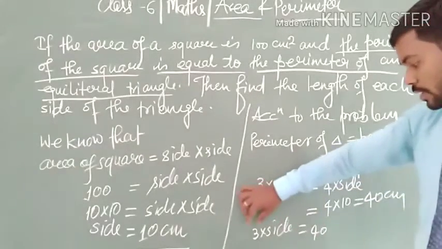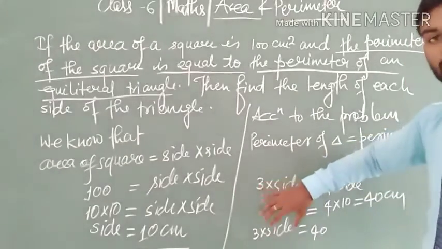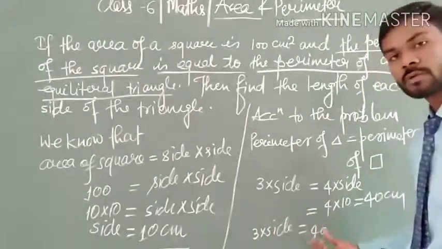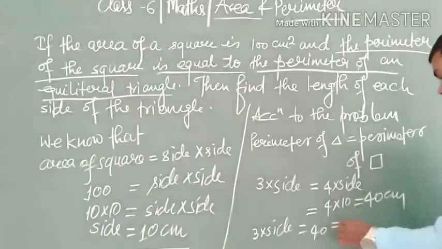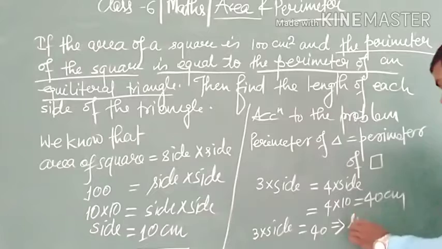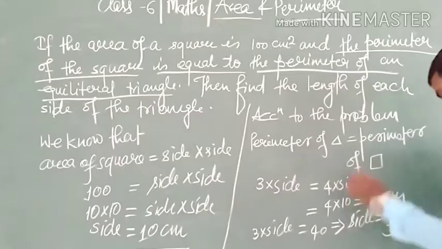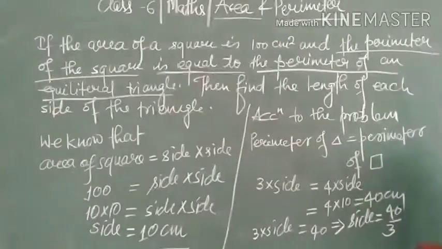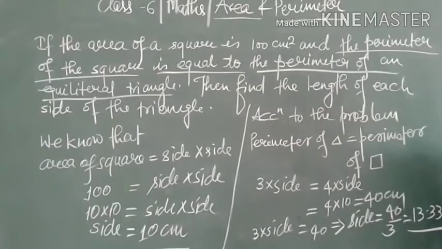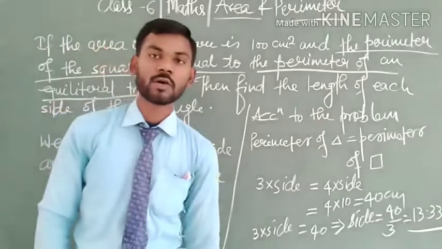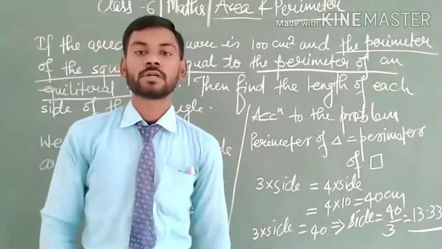Here 3 is multiplied with side, so when 3 is transferred to the right side it becomes divided, and hence we get side is equal to 40 upon 3, and after solving we get 13.33 centimeter. 13.33 centimeter is the length of each side of the triangle.